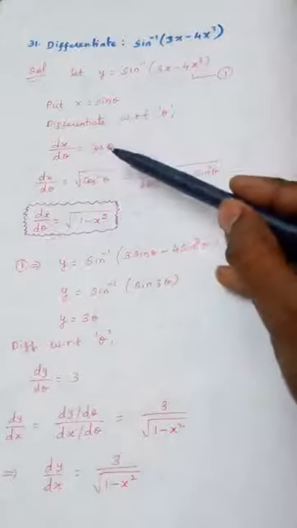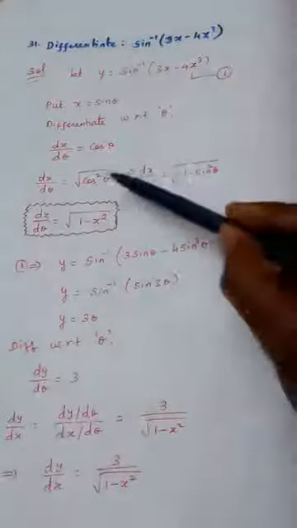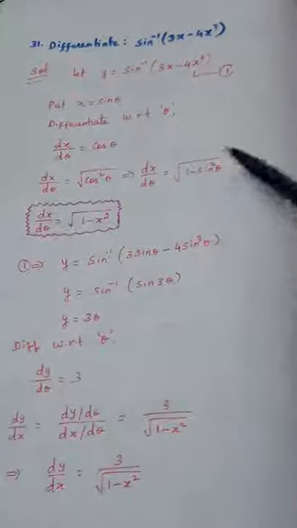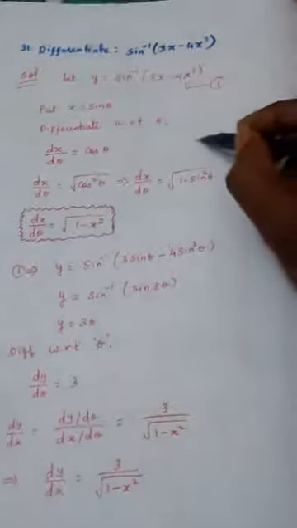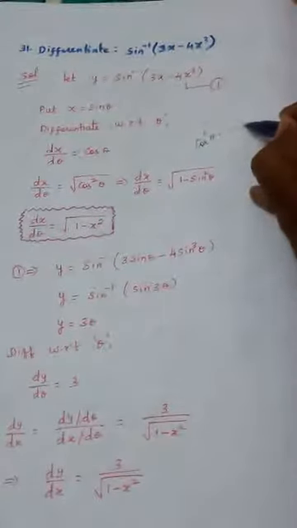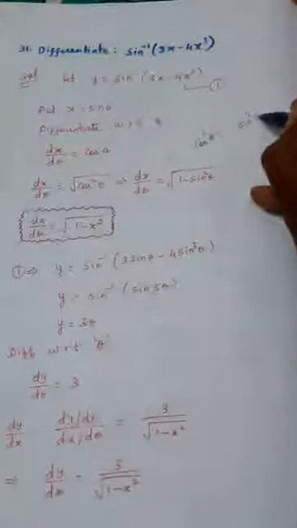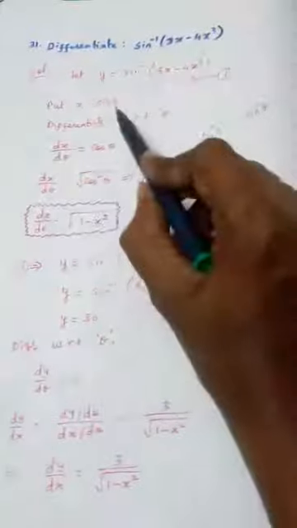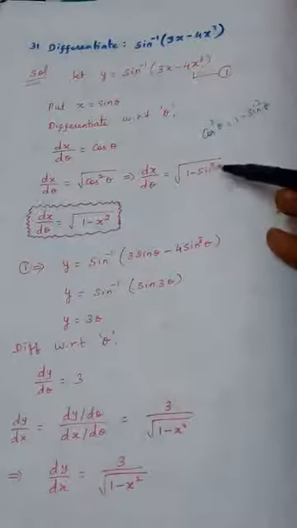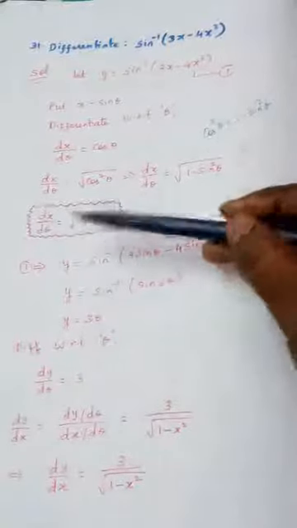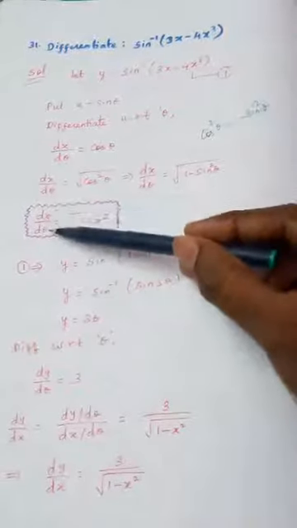Now cos square theta can be written as 1 minus sin square theta. This is the trigonometric formula, which you have studied in your 10th standard: cos square theta is equal to 1 minus sin square theta. Now again, dx by d theta, we have taken sin theta as x, so sin square theta becomes x square. So root of 1 minus x square is the answer for dx by d theta.